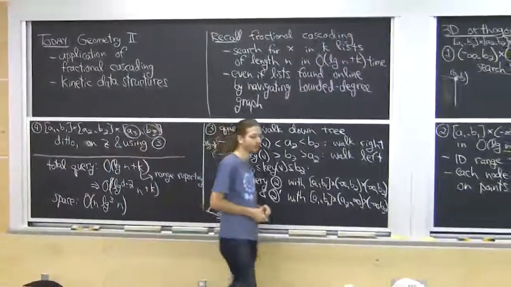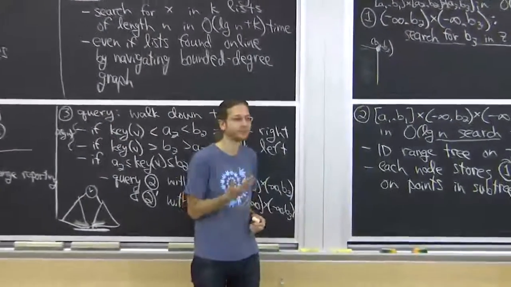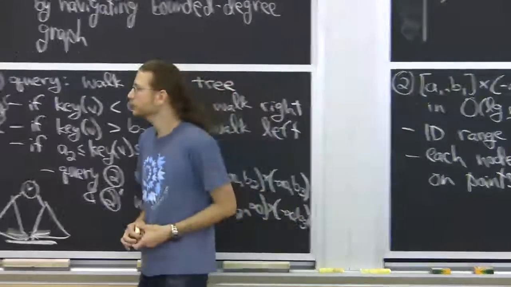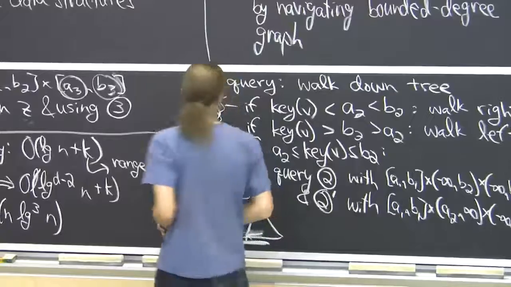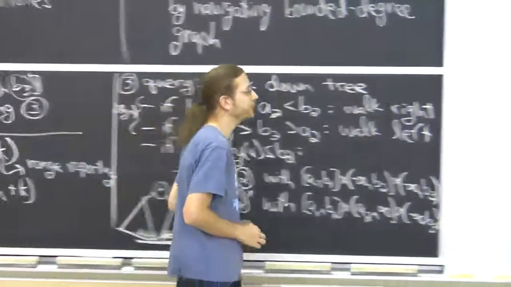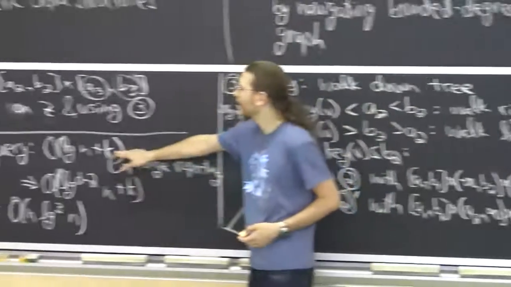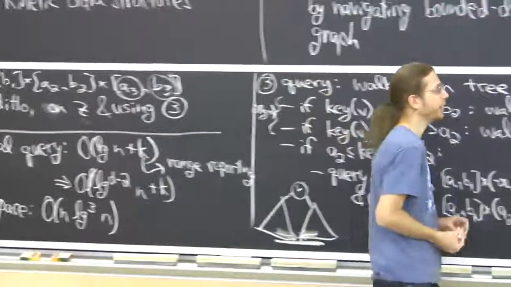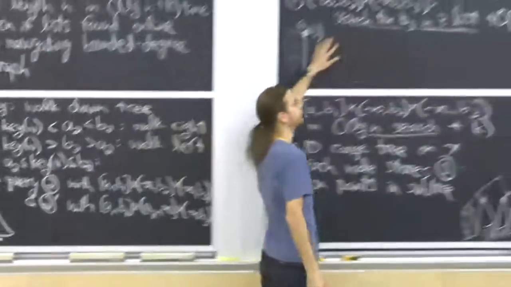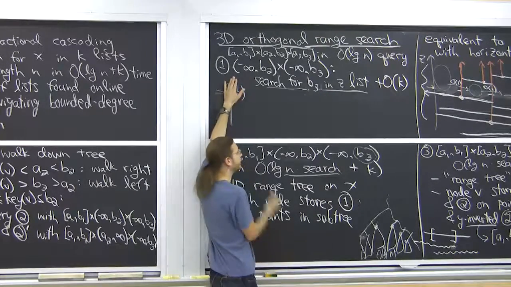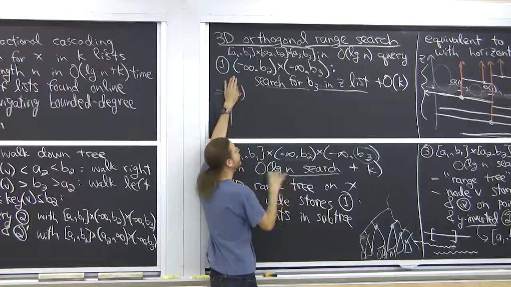Don't think anyone knows how to do range counting faster. And the reason we're only hitting points we know about is because the one data structure is on the bottom. So you need to check why it is only order k, where k is the actual output size. By the time we get down to the one data structure level, we're guaranteed that x already matches. It's already in our interval A1, B1 by the range tree.